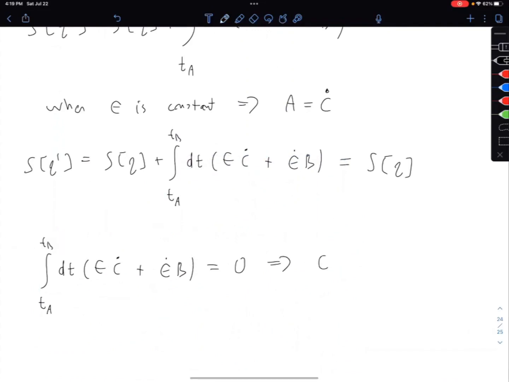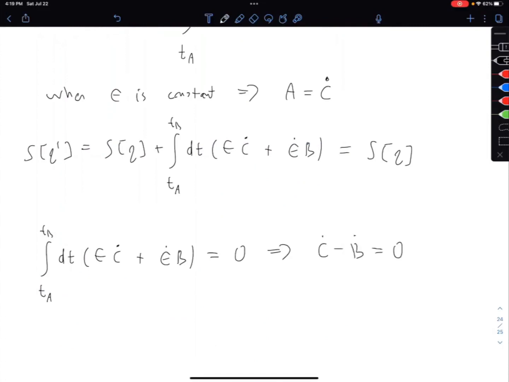And this means that C dot minus B dot is 0. So we just have that C minus B is conserved instead of just B.